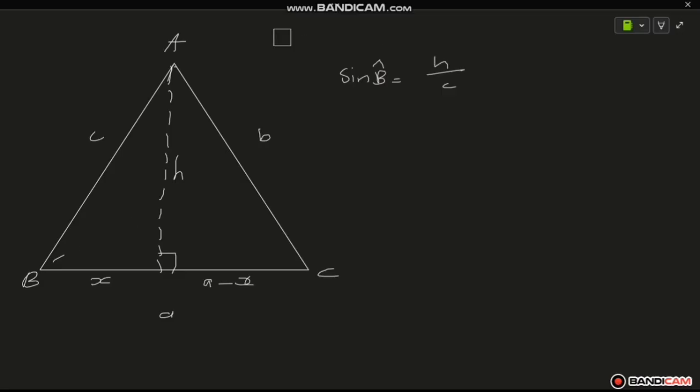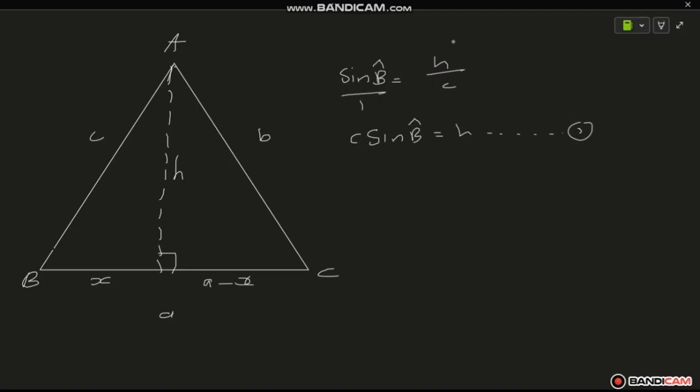Then let's make h the subject of the formula. We cross multiply. Therefore, sine B times c is c sine B, which equals h. Now this becomes our first equation.